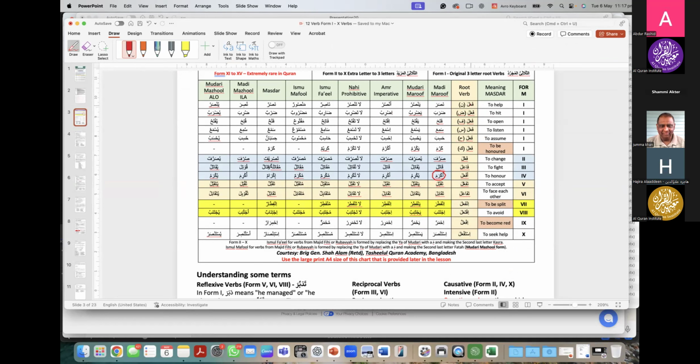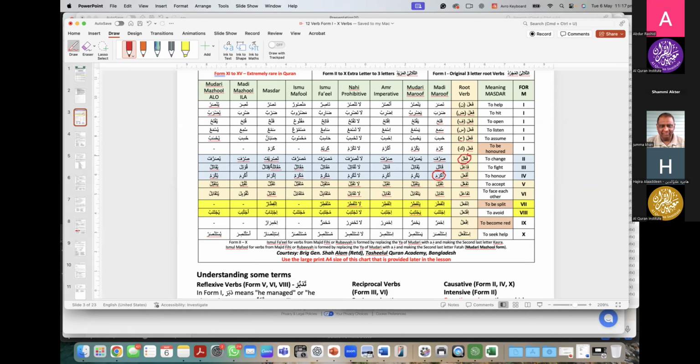Fa'ala, and then you doubled it, so it's intensified. It's fine. But there will be different meanings for all of these. They don't carry the same meaning. For example, for this pattern, you will see causation and intensification meaning. But you will see completely opposite meaning for the same form of verb.